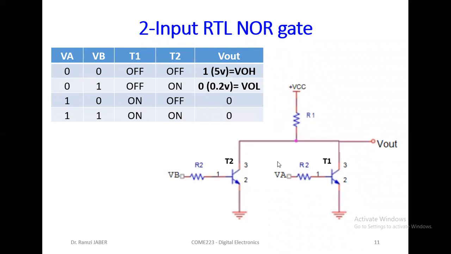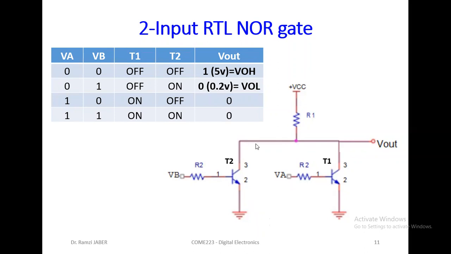This is NOR gate. So we put two BJT transistors, collector, base, emitter, the same as the inverter. Okay, we put the emitter grounded, no resistor here, grounded.